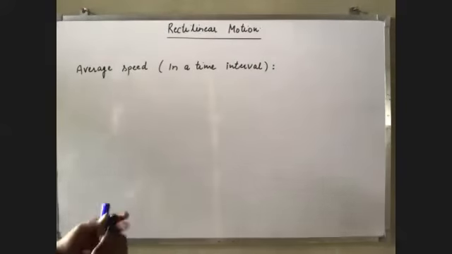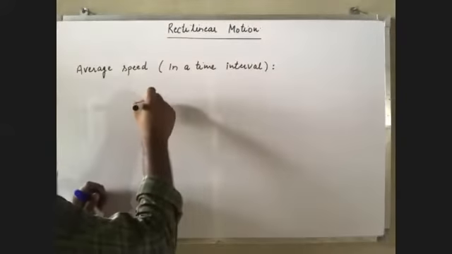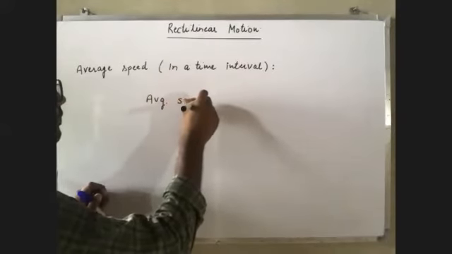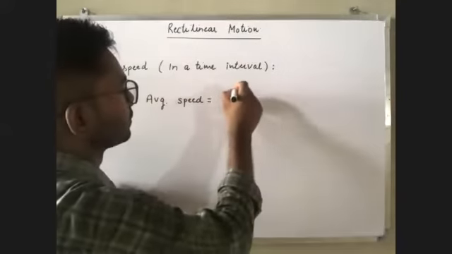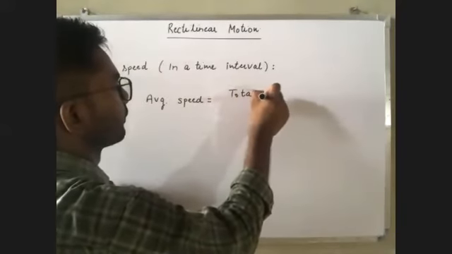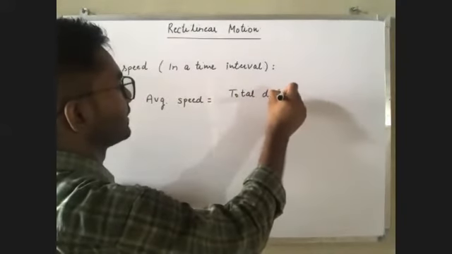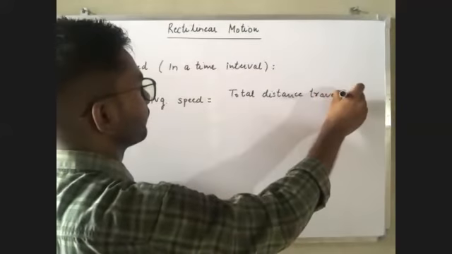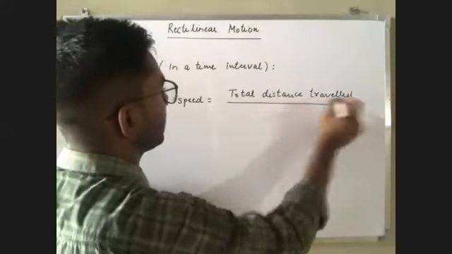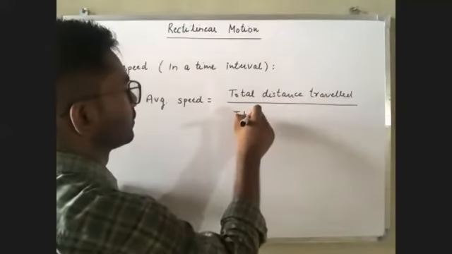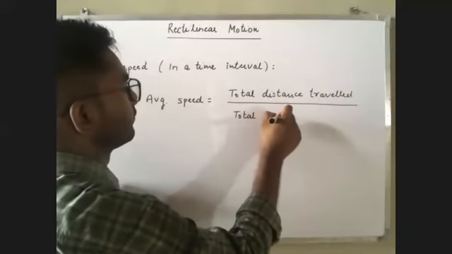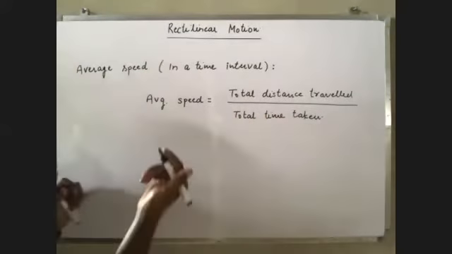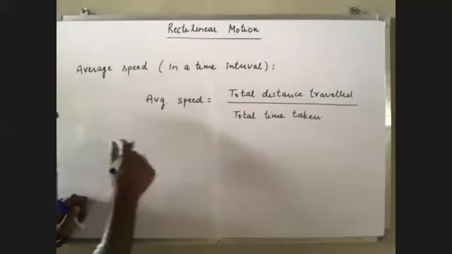So can I say that average speed is nothing but total distance traveled divided by total time taken.